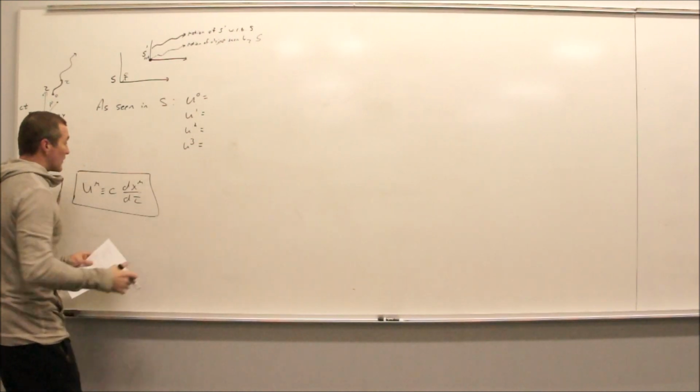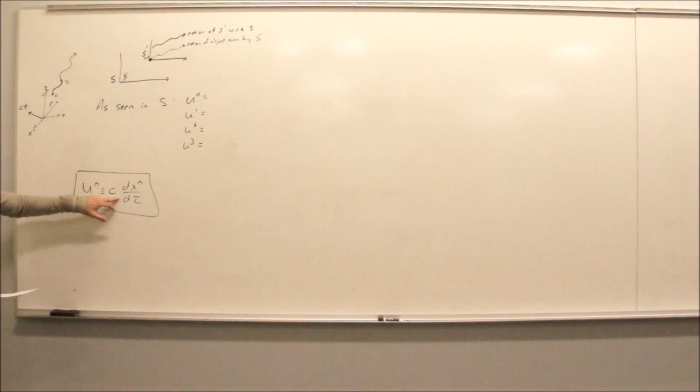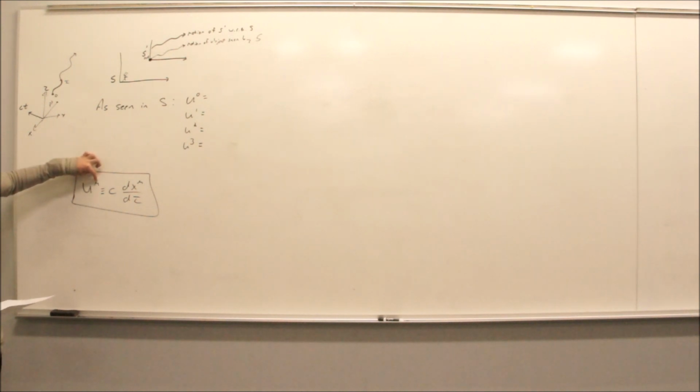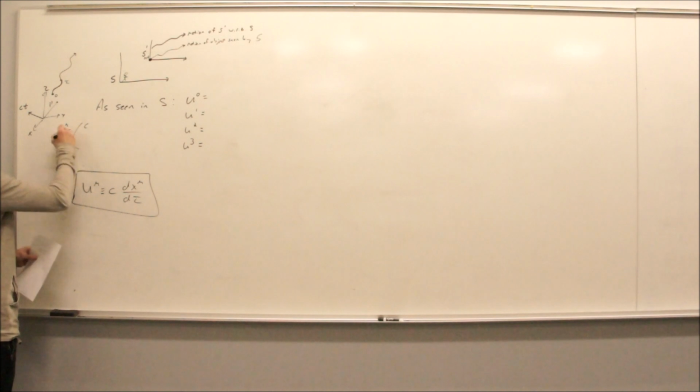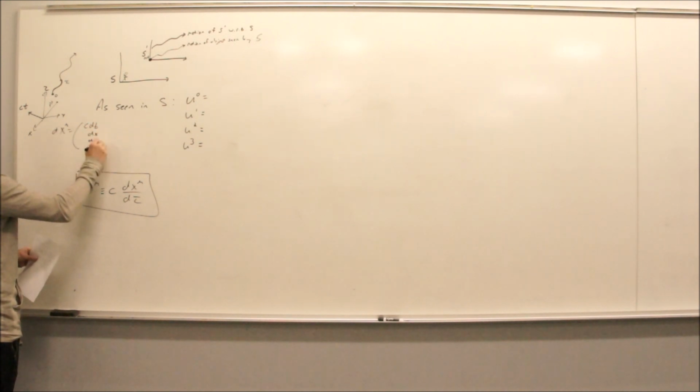So U0, what is U0? C. So U0 is the time-like component of this. So what is X0? C dt. Okay, remember x mu is c, or dx mu is c dt, dx, dy, dz.